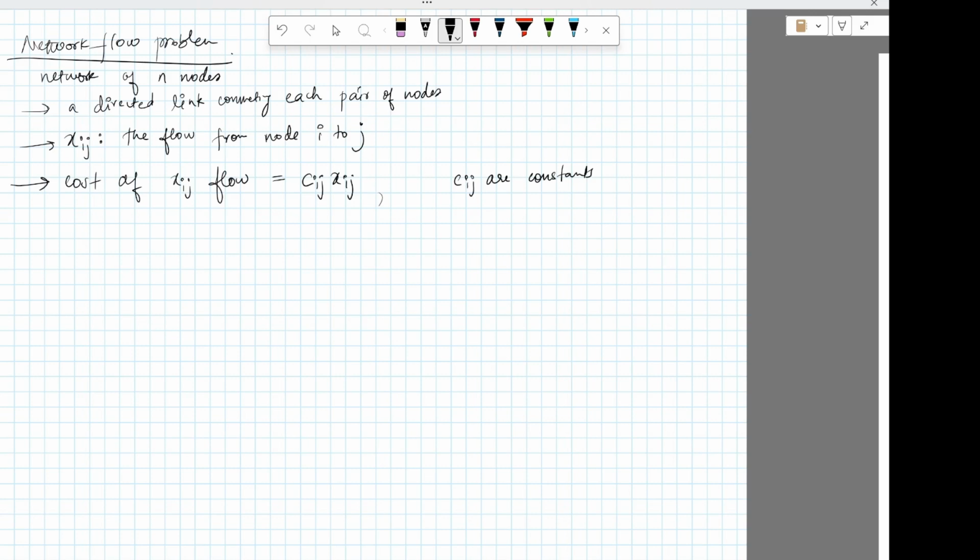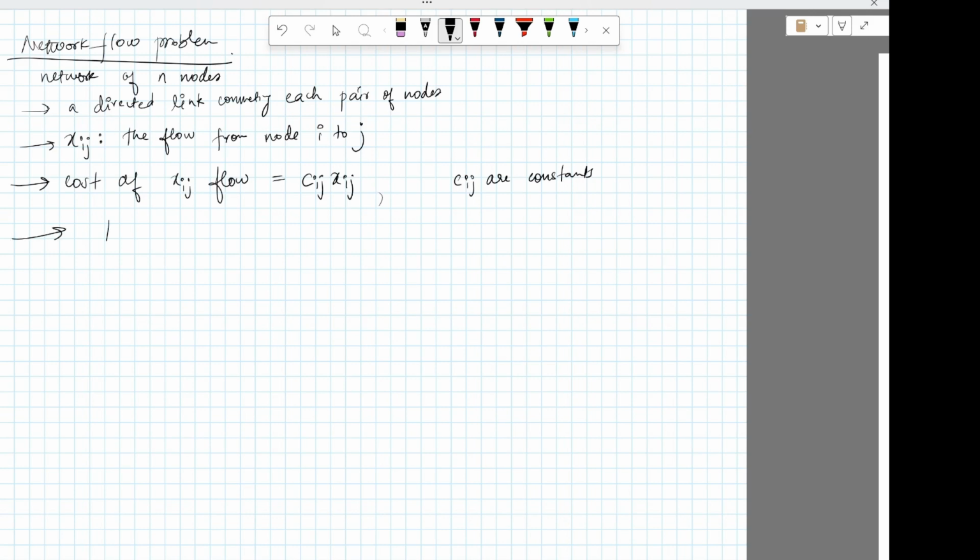So there is a component called cij associated with each link, and that constant times how much flow you are allowing via xij is the cost of xij flow.